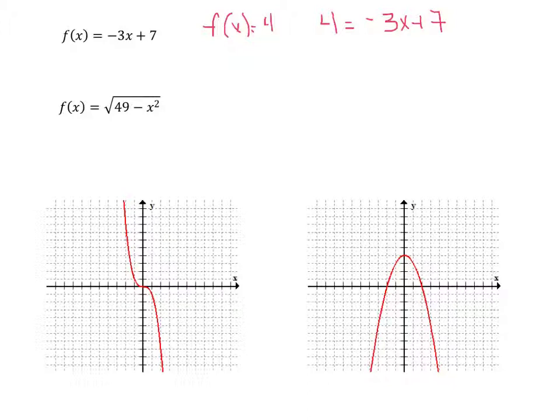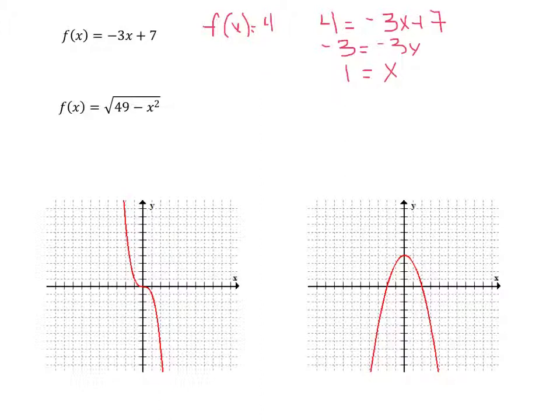When I solve this, only one value comes out. I know it's a function because it's listed as a function, but because I didn't get something like plus or minus, I know that this is a one-to-one function.